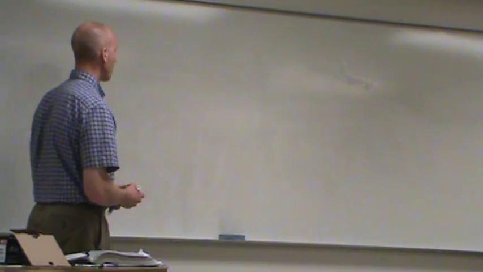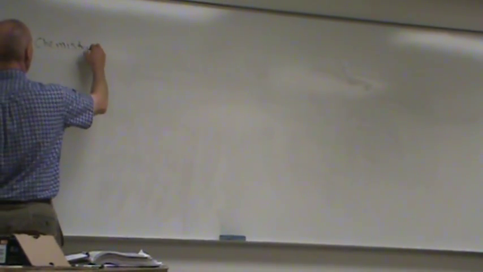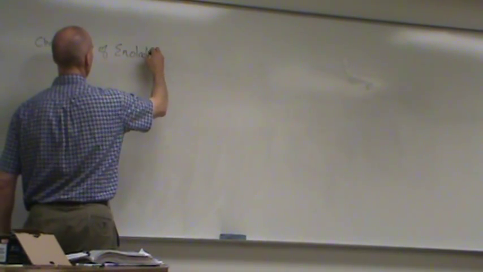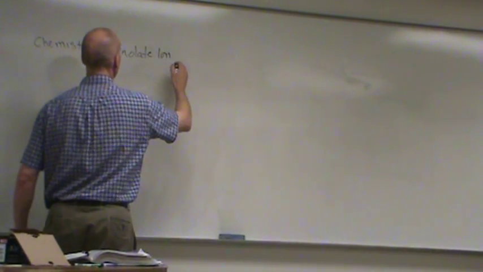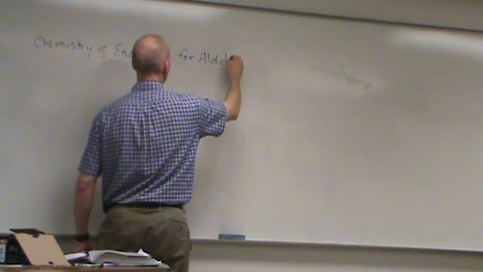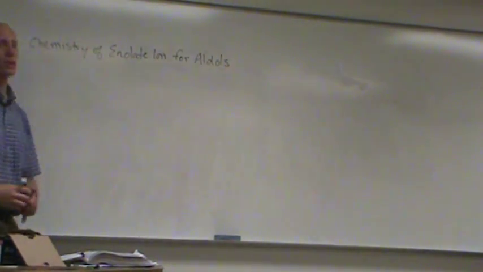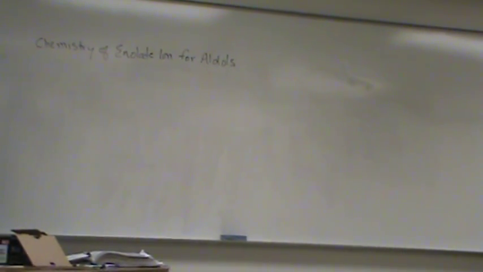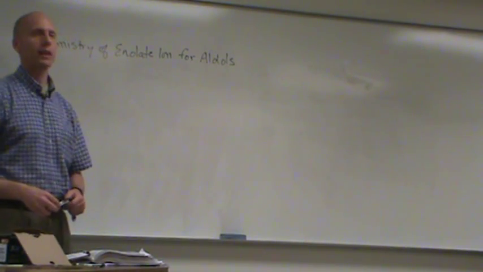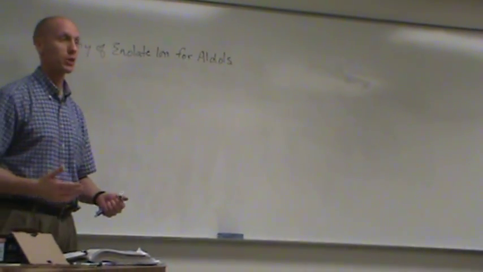Today what we're going to do is the chemistry of the enolate ion for what we call the aldols. You don't know what aldols are, but we will very shortly.